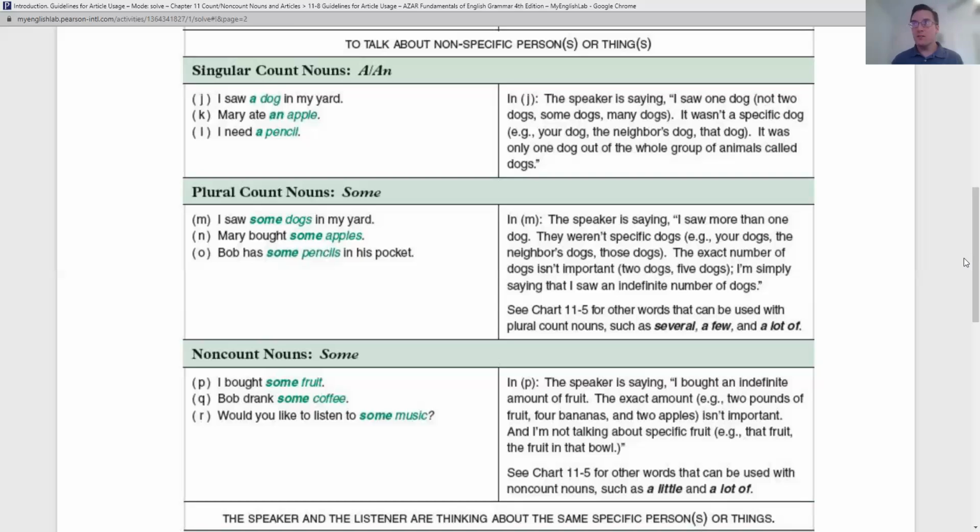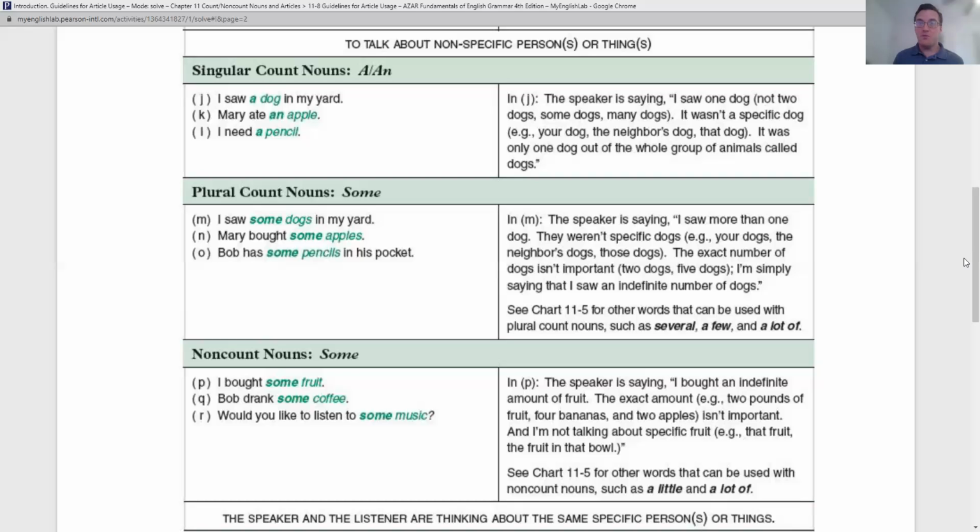For plural count nouns, we often use the determiner some, right? So examples M, N, and O: I saw some dogs in my yard. Mary bought some apples. Bob has some pencils in his pocket. So I saw more than one dog. I don't say how many, 3 dogs, 4 dogs, I don't really know. It's non-specific, right?